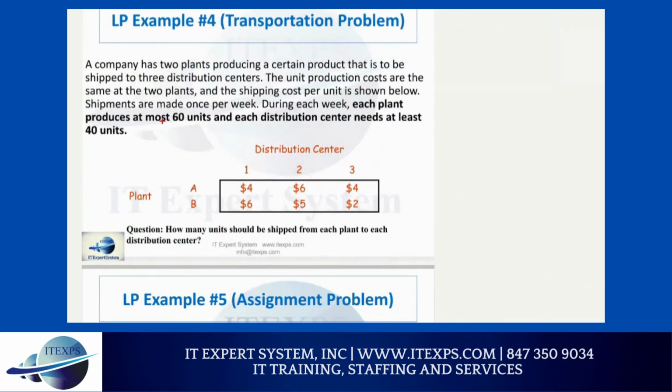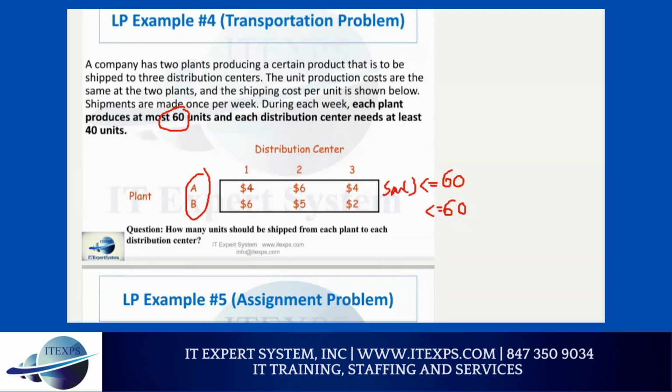Each plant produces at most 60 units. What does it mean? This is the plant. It produces at most 60. So if I put 60 here, what does it mean? Greater than, less than, equals? Less than or equal to. Very good. So you are getting less than or equal to, and here you're going to do sum. Do you guys agree or no?